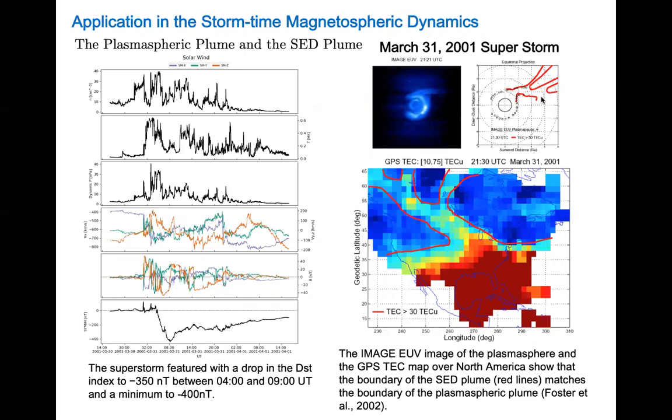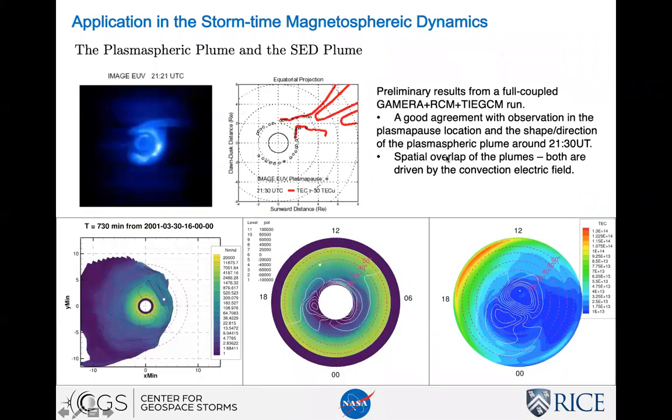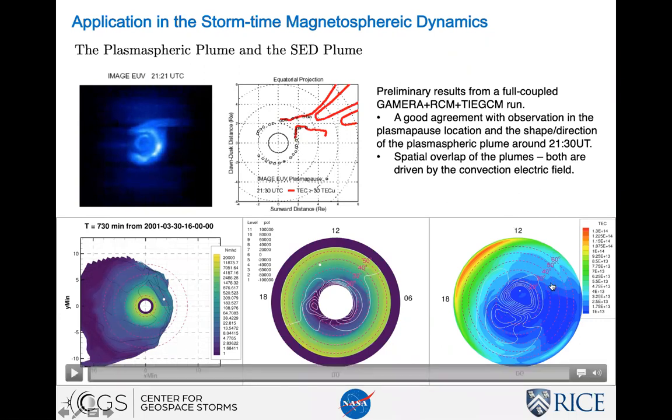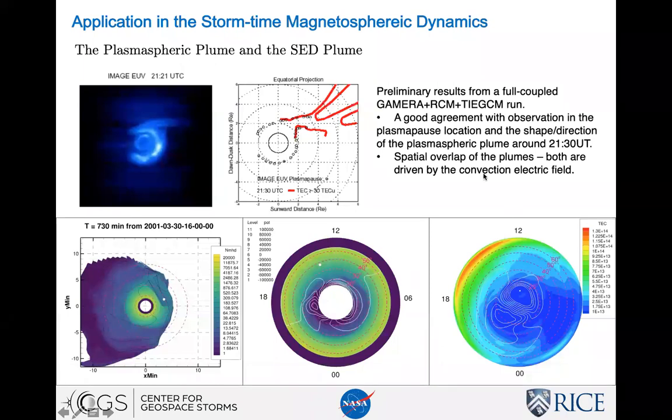But in our simulation, although we don't have this direct mass connection, we have an individual plasma that evolved in the RCM, and also TIE-GCM that tracks the electron population. But we actually indirectly feed back those connections.